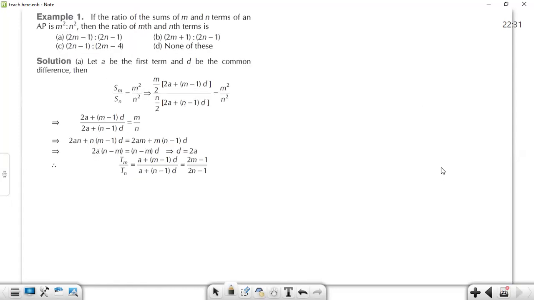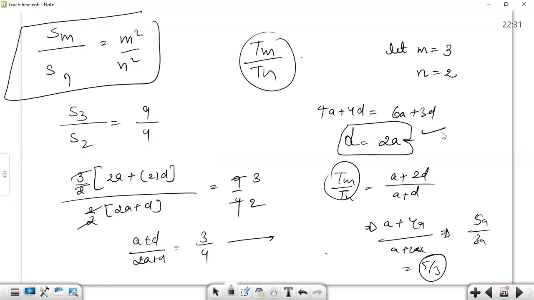Let's go and check the answer. Yes, A is the correct answer. And how have they solved it? After this, they have found out the relation between d and a.